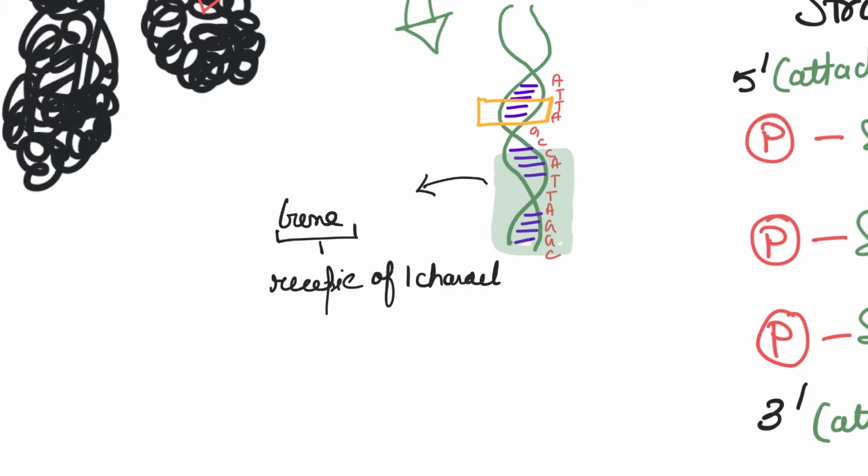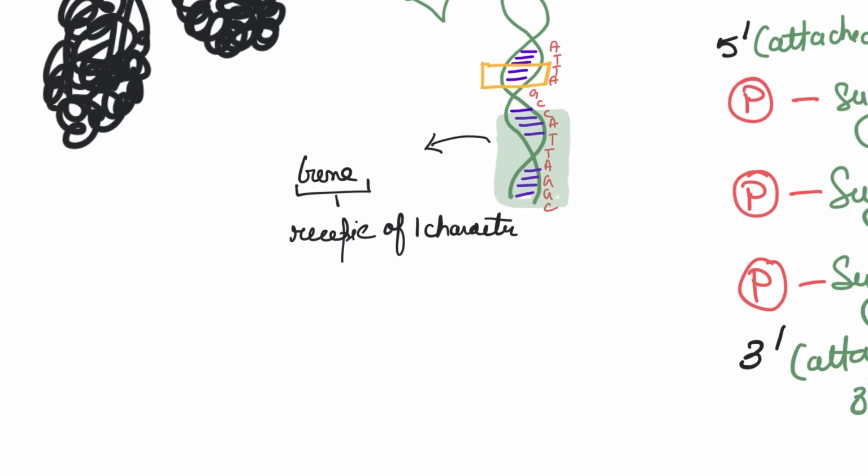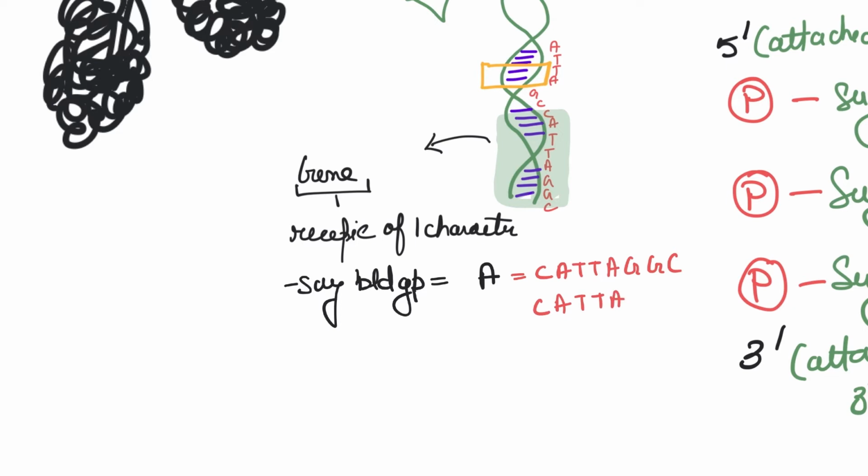Okay, now what are alleles? You often hear the word alleles. So let's say the blood group is coded by the sequence A C A T T A G G C, just any random sequence. This is not the exact thing. And let us imagine that there's one particular change in a nucleotide.